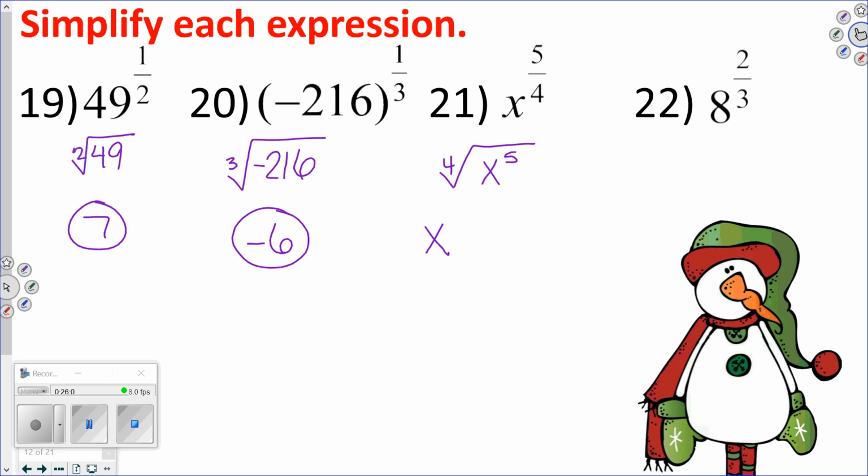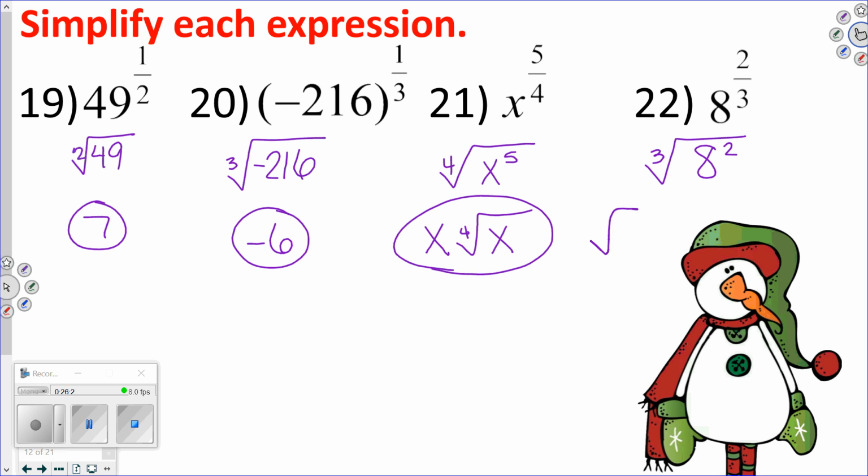Yeah. Any leftovers? And there'd be 1 leftover. Don't lose that index, though. That little 4 still stays with that radical. And then 8 to the 2/3, what's that mean? That means the cubed root of 8 squared. What is 8 squared? And the cubed root of 64 is 4.